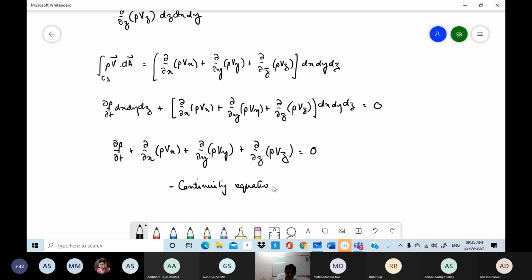So if a velocity and density field satisfies this equation, then mass is conserved.